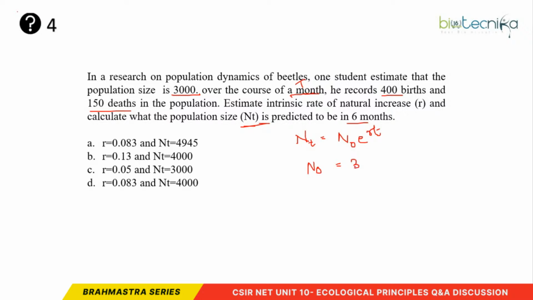This is your 3000. R, do you know what is r? Birth minus death, right? So that is your 400 minus 150. And t is already known to you, it's given, 6 months.